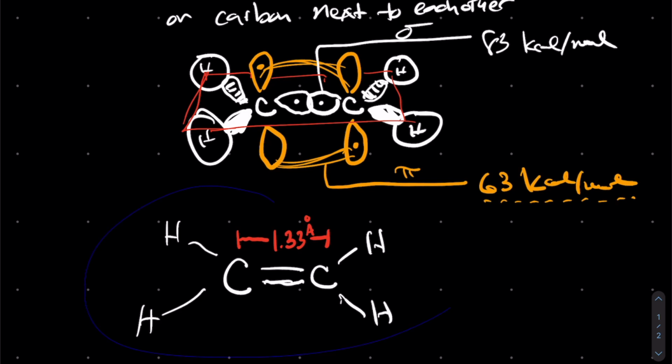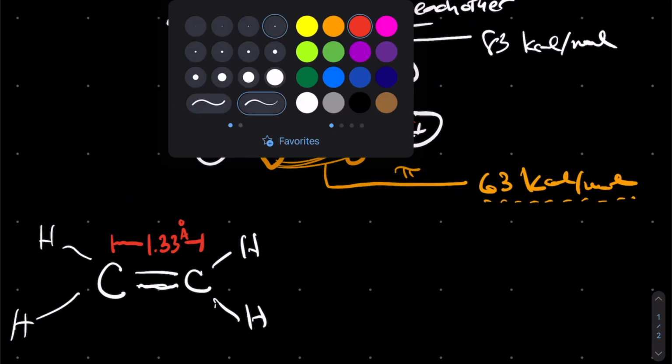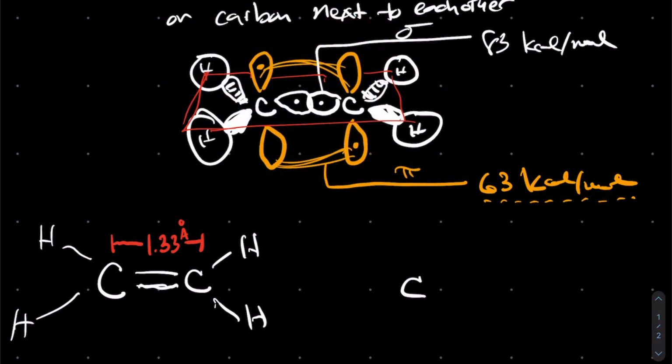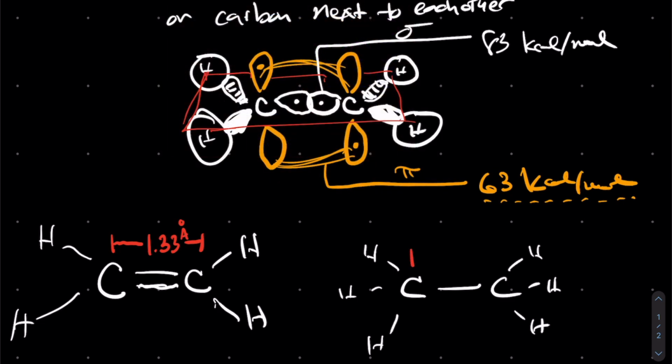So let's compare and contrast. Probably would be helpful if we compared and contrasted it to ethane. All right, so carbon, carbon, H, H, H. All right, and so the carbon-carbon single bond is 1.54 angstroms.